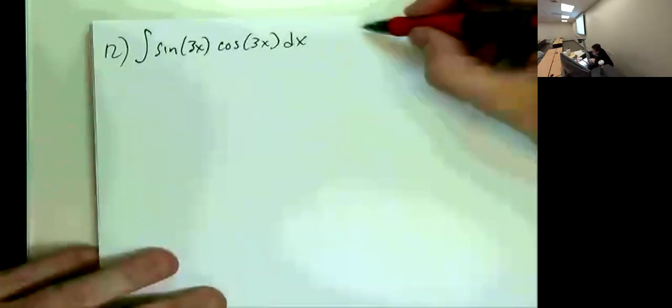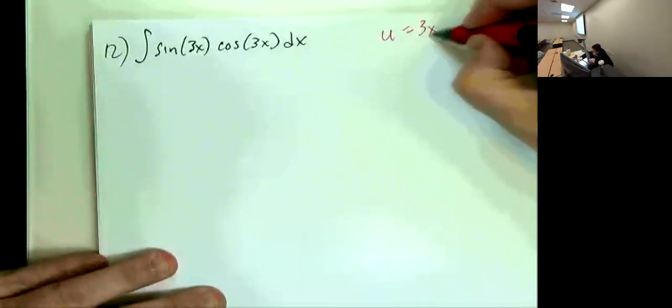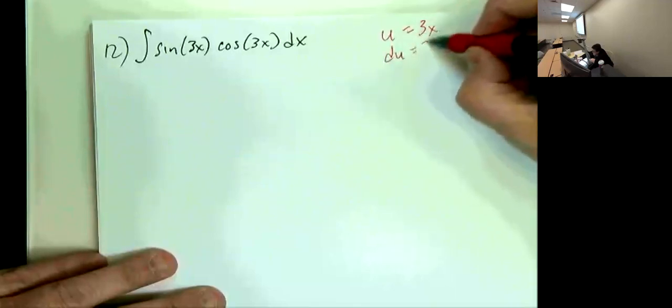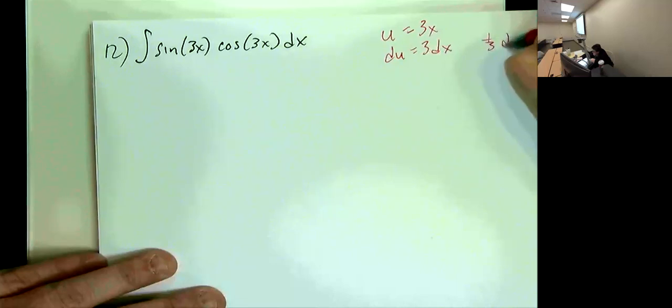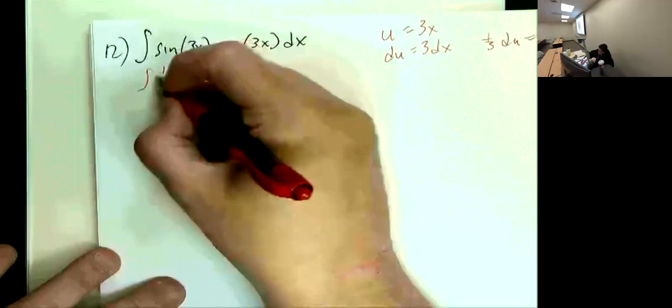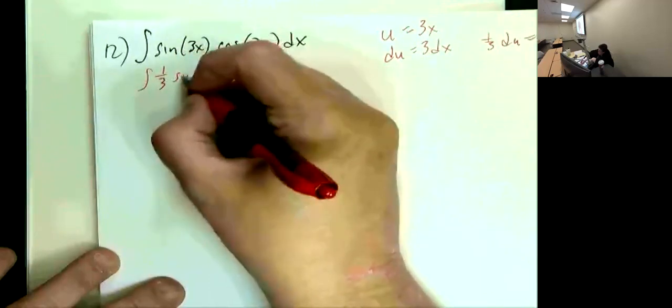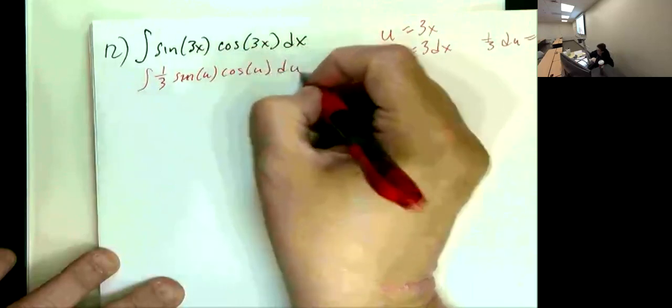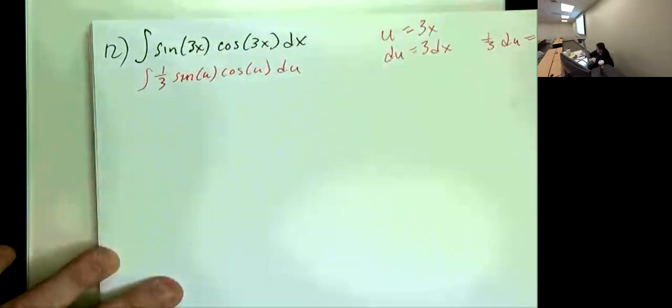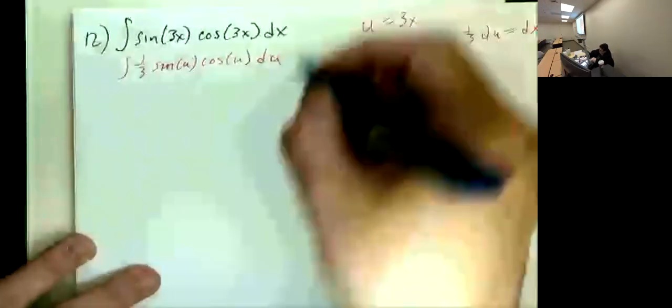But let's say you did u equals 3x, so you get du equals 3dx. So 1/3 du equals dx. Now your integral is 1/3 sine u cosine u du. So, did that help?